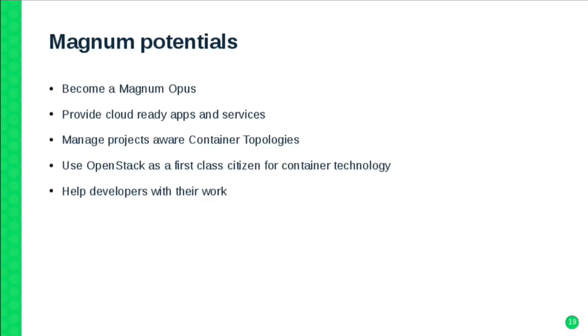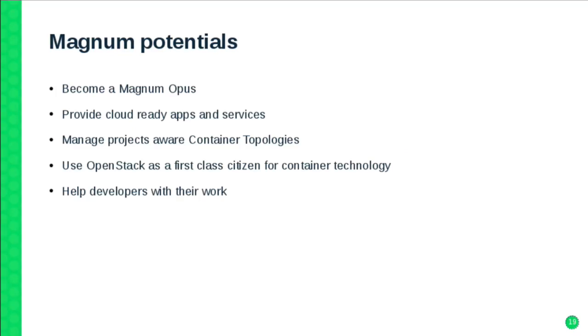Okay, let's speed up a little bit. So this is bringing us to the summary of this presentation. The Magnum project is making OpenStack much more complete. Previously we had this framework for orchestrating and making infrastructure as a service.